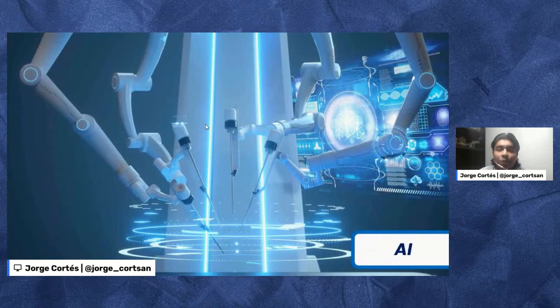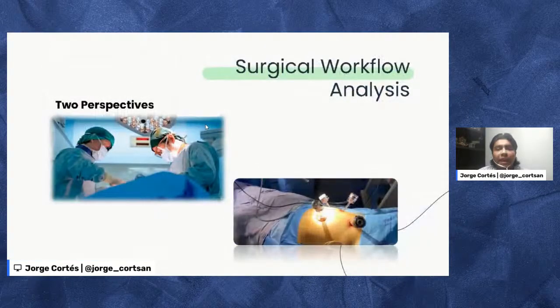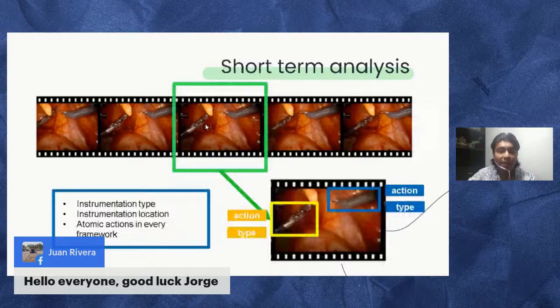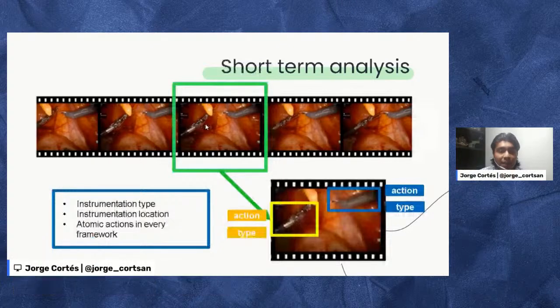Now we go with the part of artificial intelligence, AI for its initial letters. The AI code has to understand the surgical workflow from two perspectives. The first perspective is the long-term analysis, where the AI code has to understand the surgical workflow as a whole process, taking surgical phases and surgical steps. The second perspective is the short-term analysis.